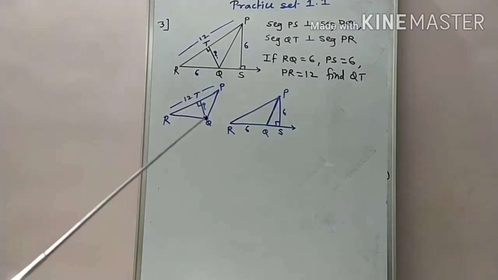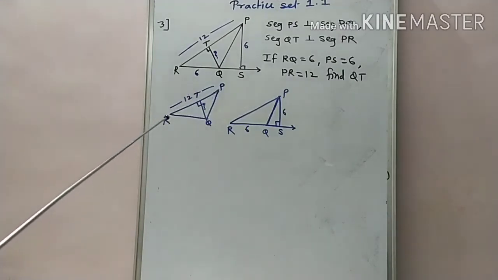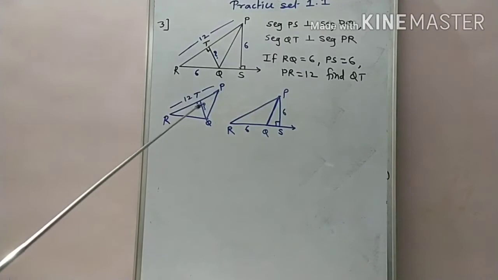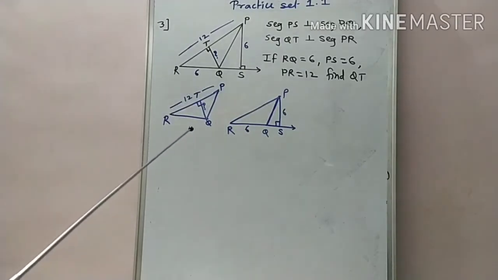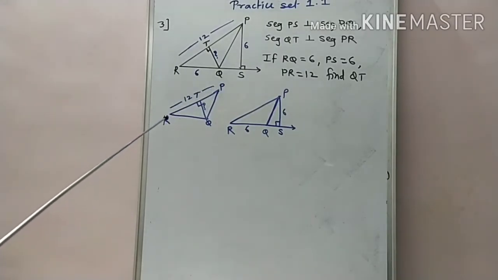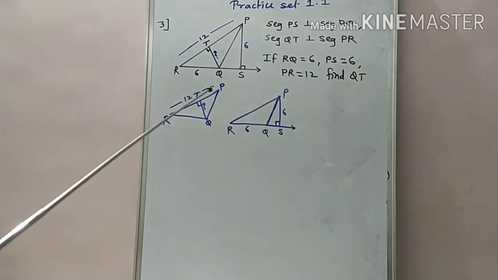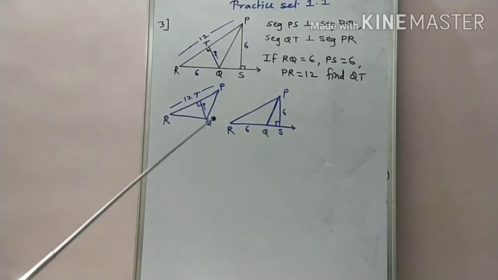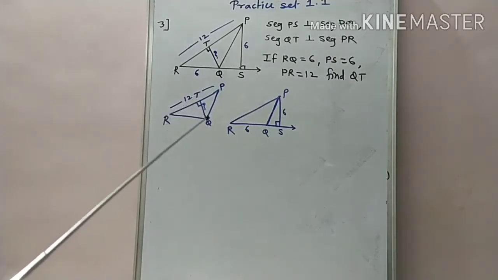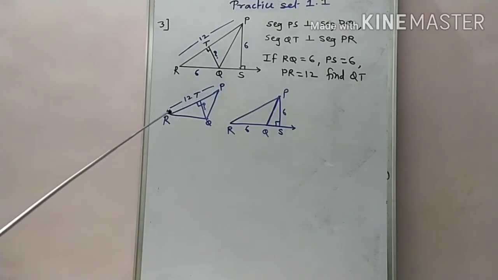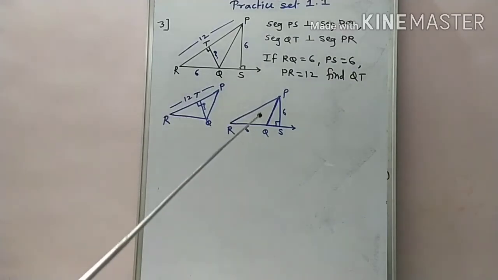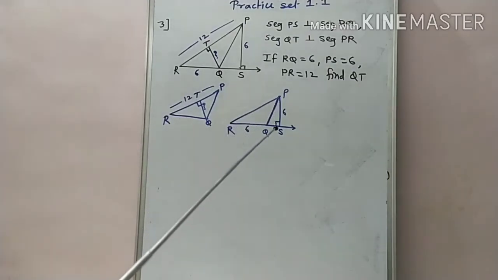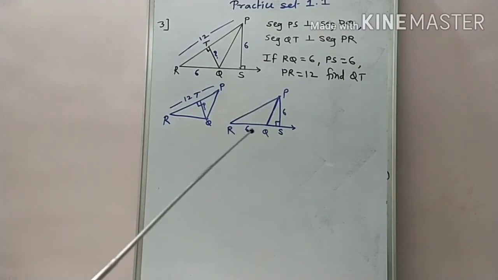Here QT is a height, and the base is PR. We can take any side of a triangle as the base, and as we select that side as a base, we have to draw the perpendicular on that base, which is the height. So here QT is a height, PR is a base, and PS is a height drawn perpendicular on QR.